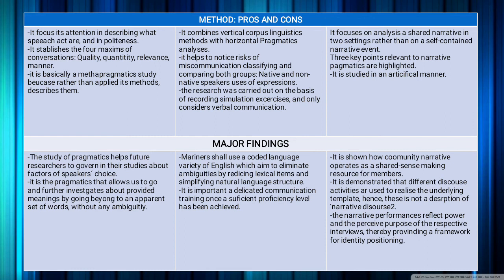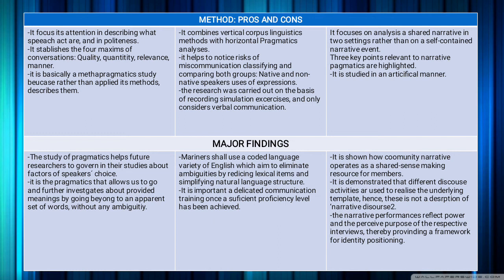Then we have major findings. Mariners shall use a coded variety of English which aims to eliminate ambiguities by reducing lexical items and simplifying natural language structure. This is important in delicate communication training once a sufficient proficiency level has been achieved. And finally, we have the third article.